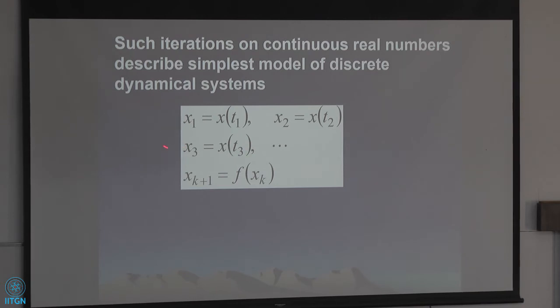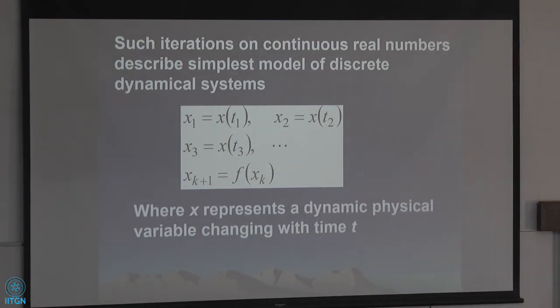Dynamics means some physical variable x which is continuous is a function of time, but I measure x only at fixed time intervals, not continuously, at t1, at t2, at t3 like that, and at any time instant the value is related only to the previous value. So, x_{k+1} is f(x_k). This is the simplest dynamical system, a discrete dynamical system or 1D map.